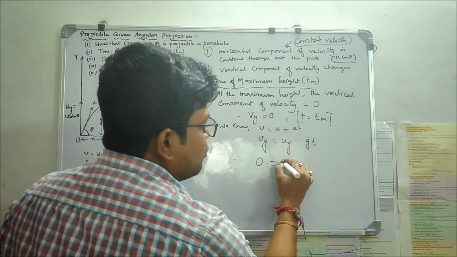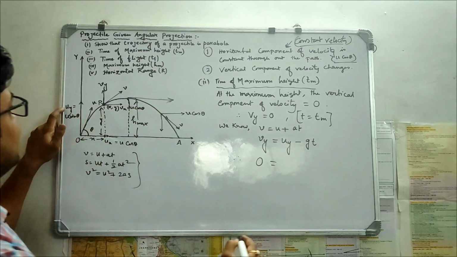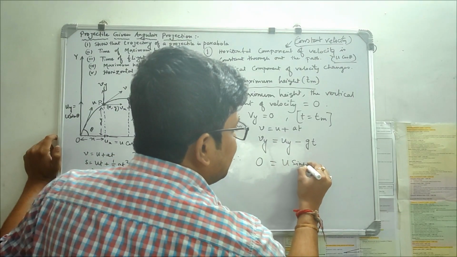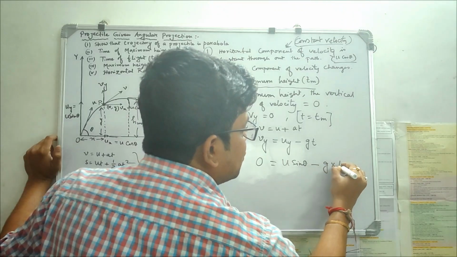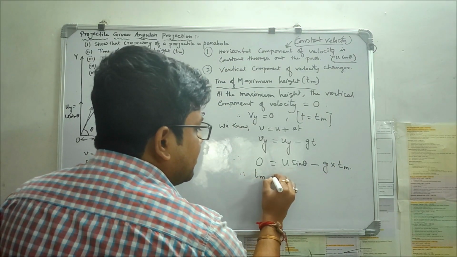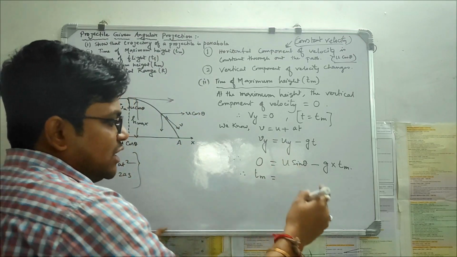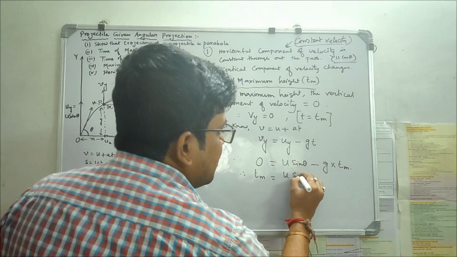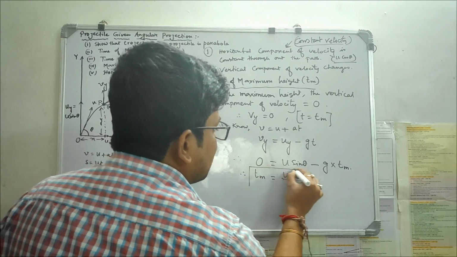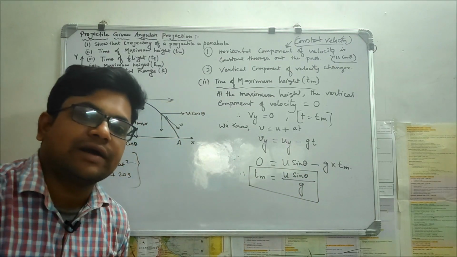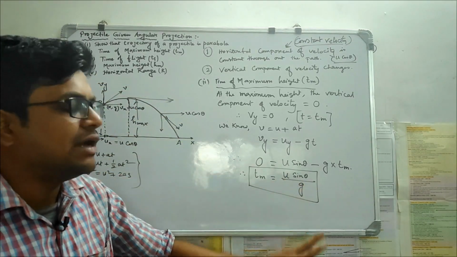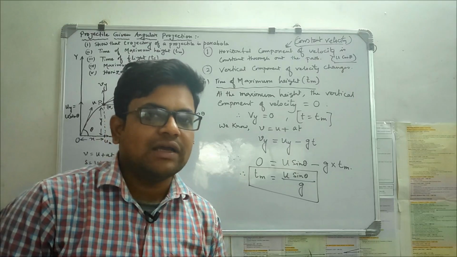So 0 equals Uy, which is u sin theta, minus g into Tm. Therefore Tm, the time required to reach the maximum height, is u sin theta and g comes down. So that is the formula: time required to reach the maximum height is simply u sin theta by g.